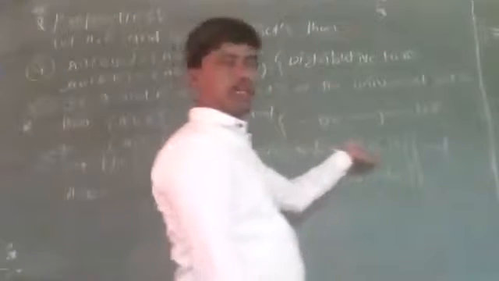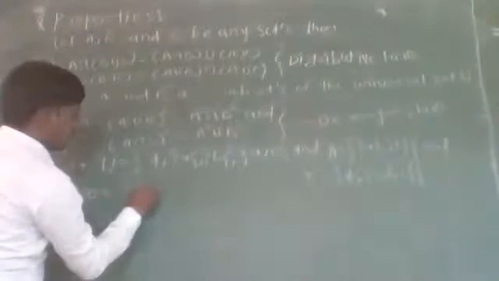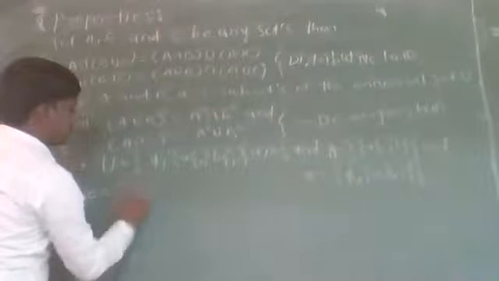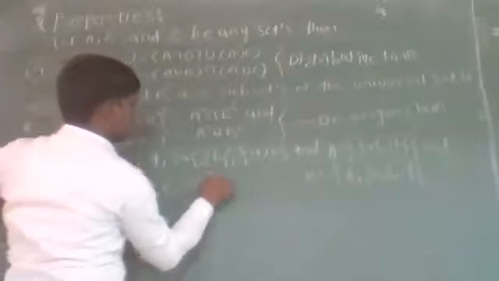Now A union B. First we have to find out A union B. A union B is nothing but the elements which belong to either set A or set B. A union B is singleton A, phi, singleton B, and the doubleton AB.